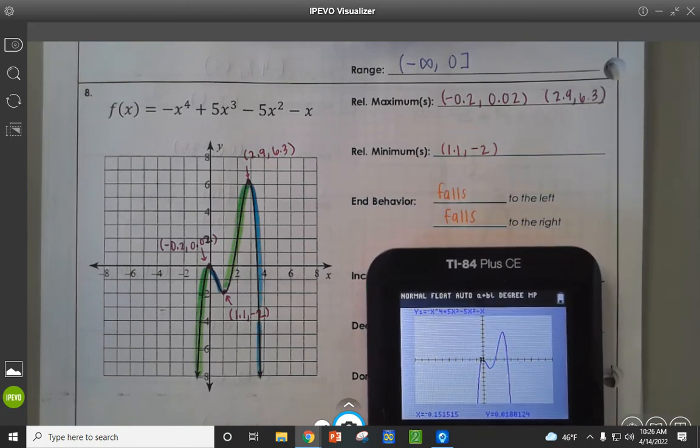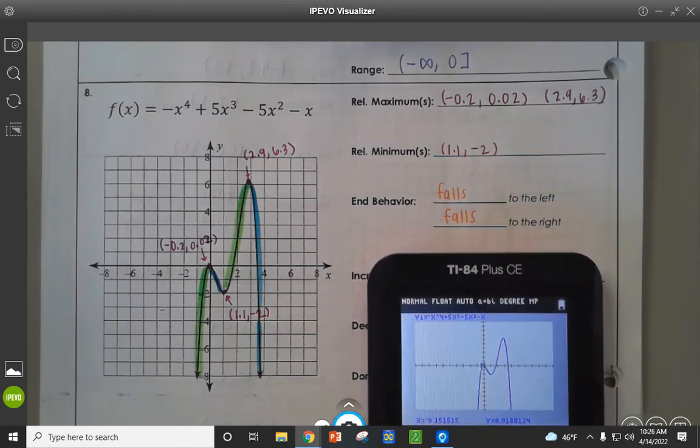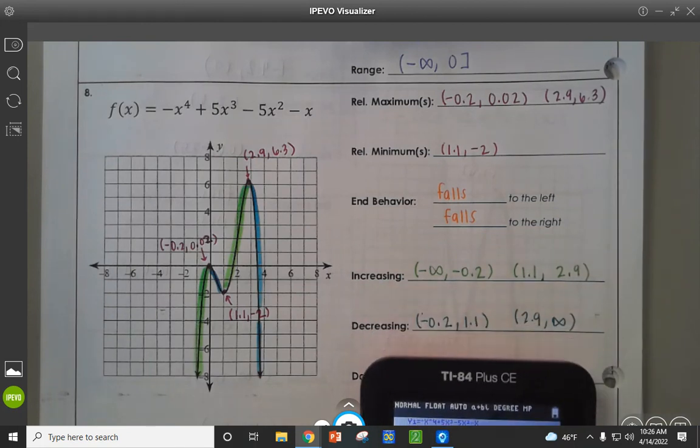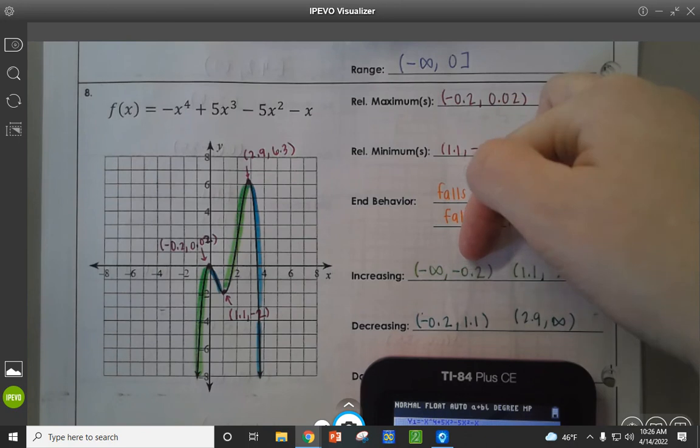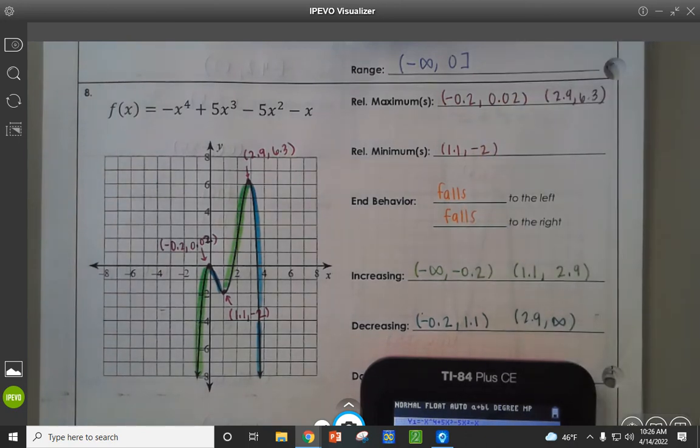End behavior, falls, falls. Increasing, decreasing. Now you might have had 0 there. But check those. If you didn't get the same answer and you don't know what mistake you made, make sure you ask.